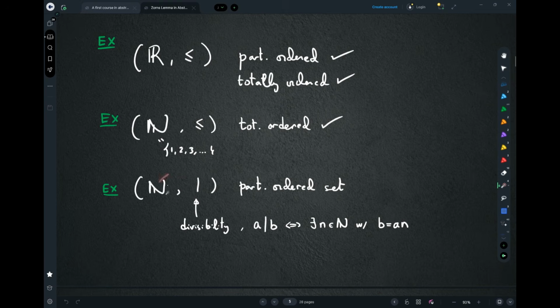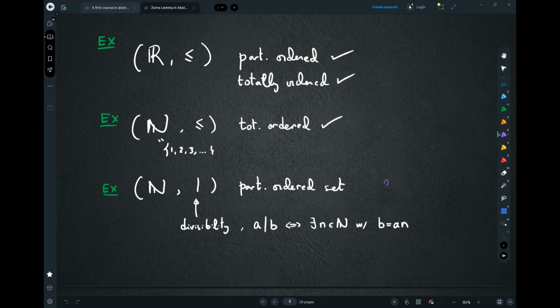Now, the natural numbers under divisibility, so we say that a is related to b if a divides b, so if there is a natural number n such that b is a times n, then this is a partially ordered set because we have pairs of numbers.